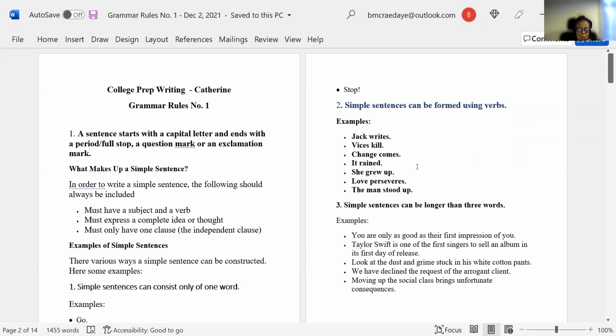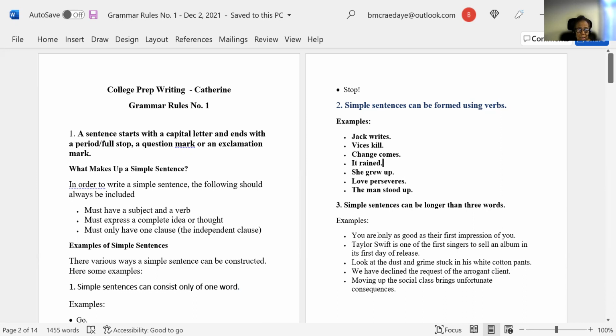Now notice these mostly consist of two words, although the last one has four words, but they can be longer than this. They can be longer than three words. And here are some examples of simple sentences that are longer than three words, okay? Each one of these sentences has a subject, and it has a verb, and it's longer than three words.